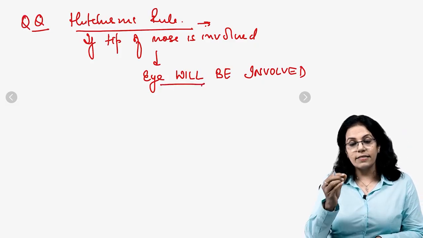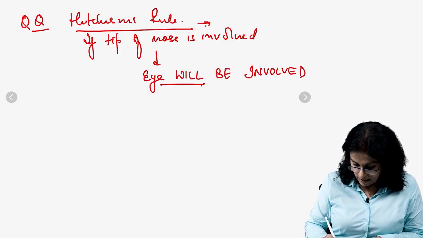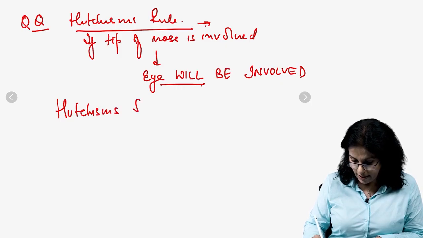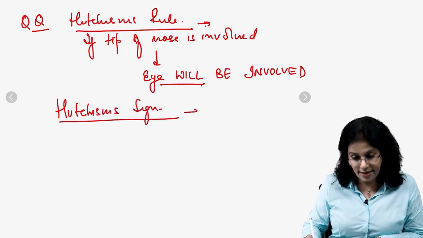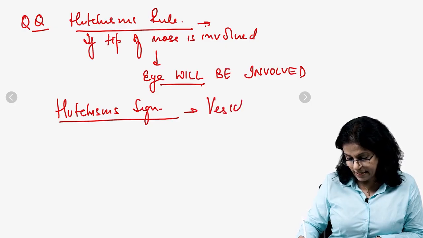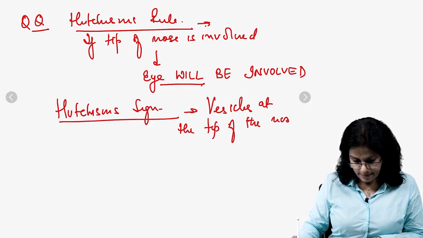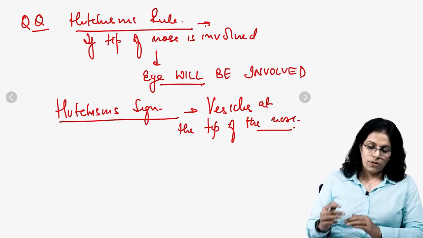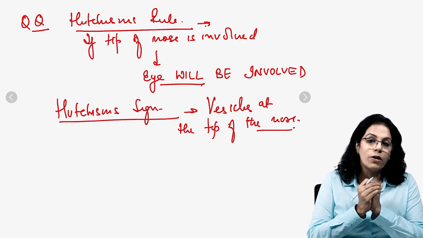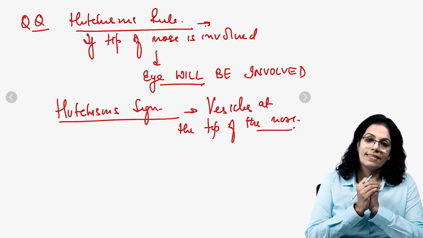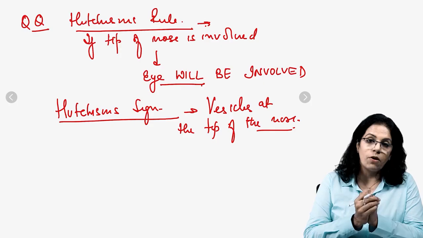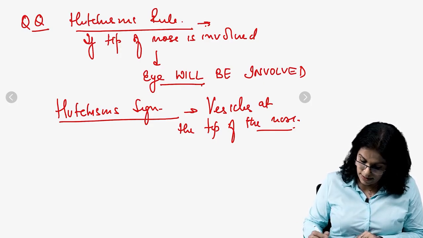And an interesting thing, the vesicles on the tip of the nose is what is called Hutchinson's sign. So what is Hutchinson's sign? That is nothing but vesicles at the tip of the nose. Once we know this, what is the main etiology of herpes zoster ophthalmicus? It is generally immunocompromised patients and elderly patients.